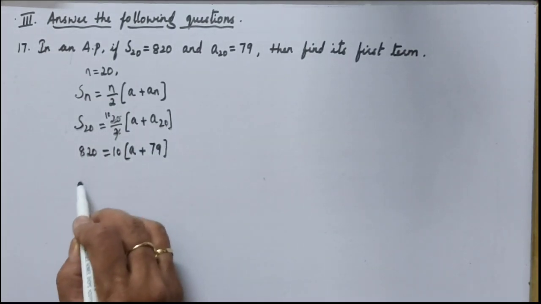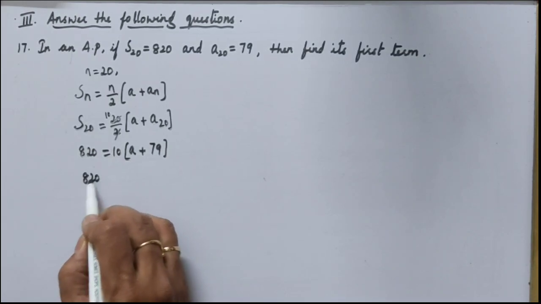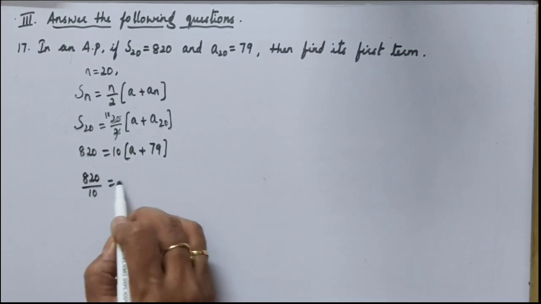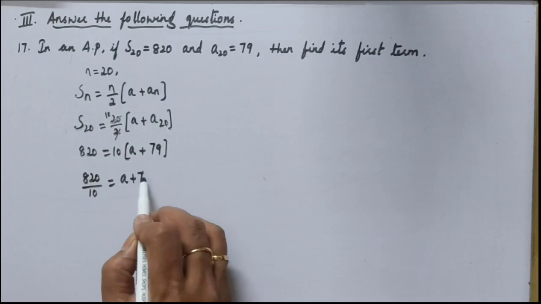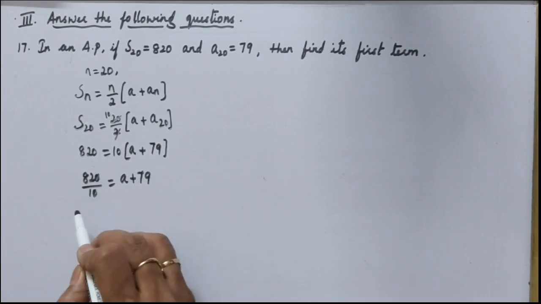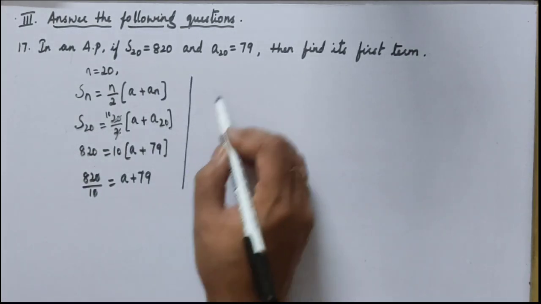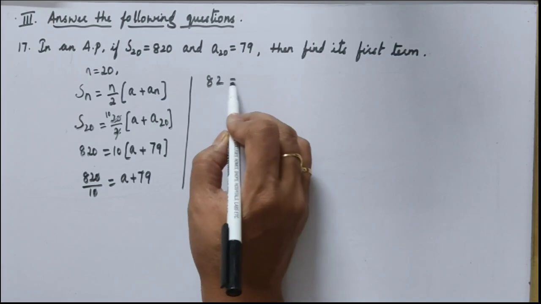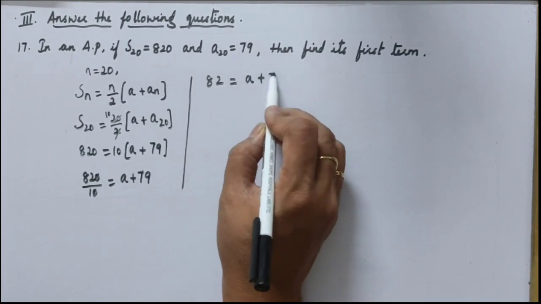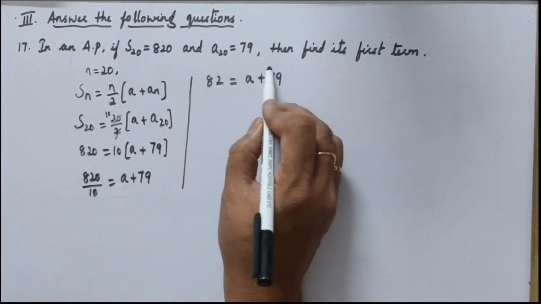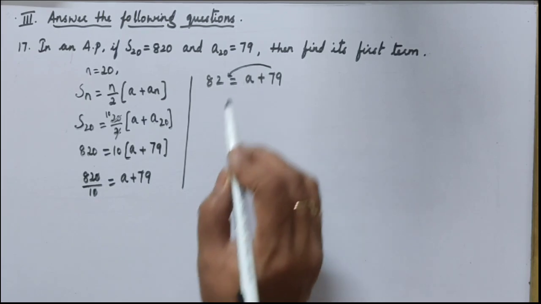Let us get it down here. A20 upon, let us divide by 10, is equal to a plus 79. The 0 and 0 cancel. What do we get here? 82 is equal to a plus 79. Let us arrange the like terms.